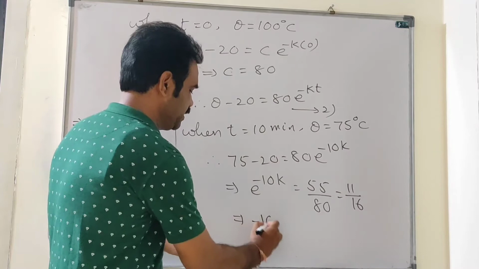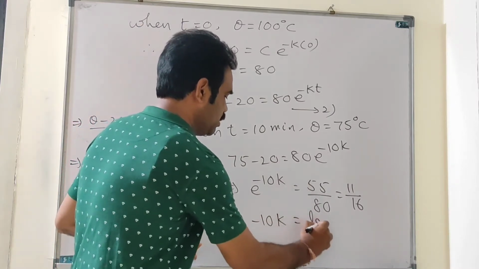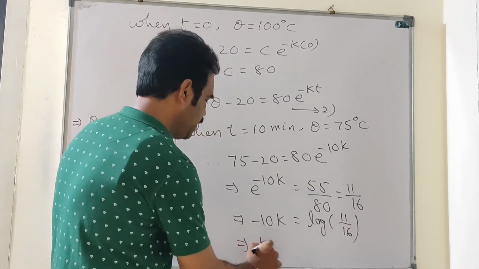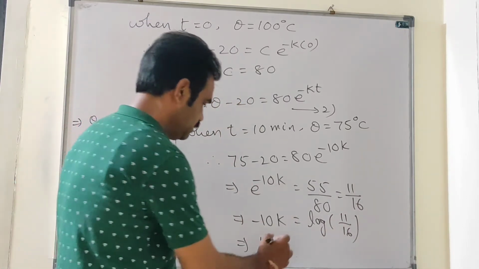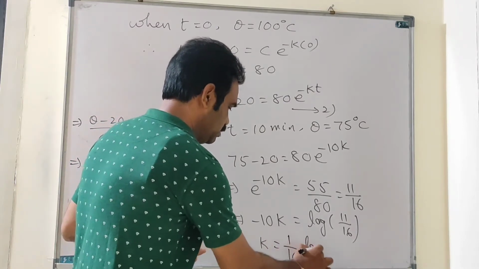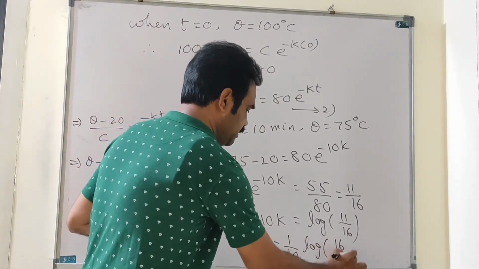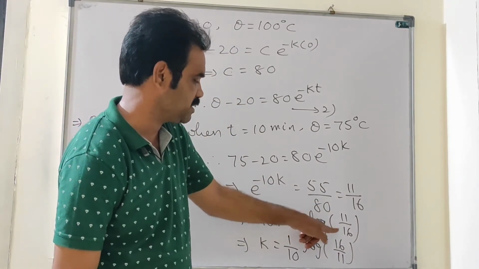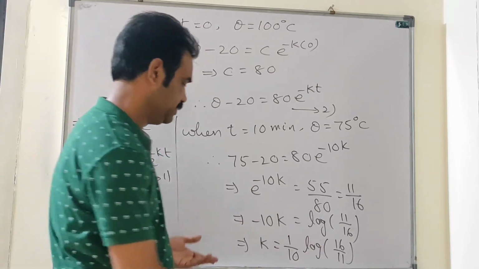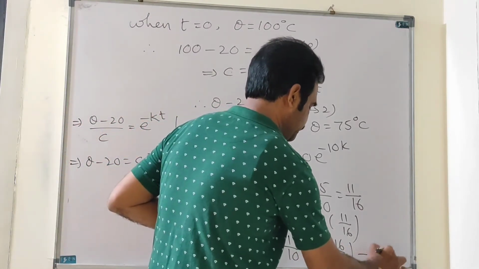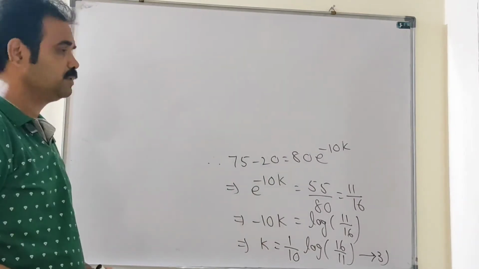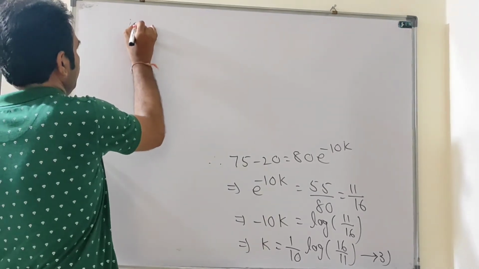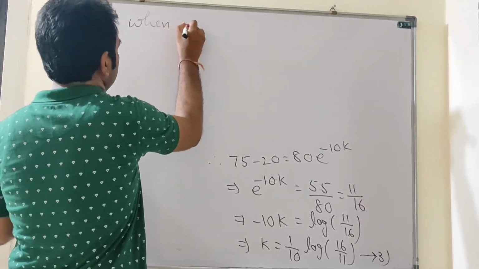Implies minus 10k is equal to log 11 by 16, implies k equals 1 by 10 log 16 by 11. If we put this minus on the right-hand side, minus log 11 by 16 means log 16 by 11. This is the value of k, that will be equation 3. Now we have to find the temperature of the body after half an hour, that is when t is 30 minutes.